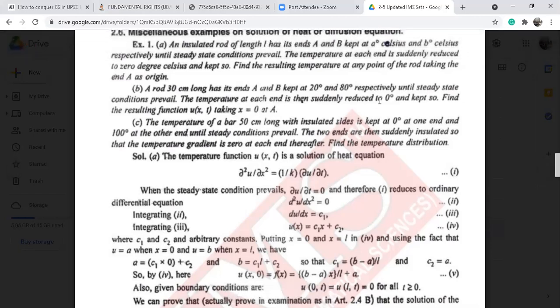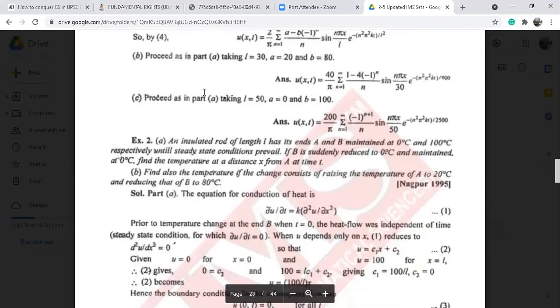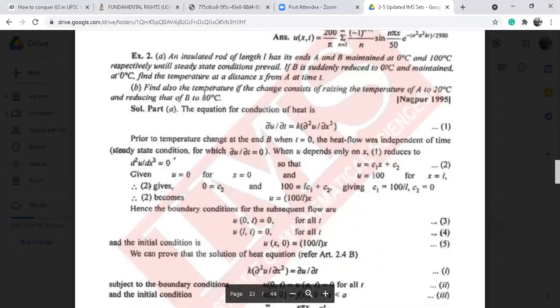So you don't need to do anything. This becomes the case number 1, where both the boundary conditions are 0, and the initial condition is found using the steady state solution. Now look at some question where they have now read the question, example number 2. Part B is the thing that we need to focus upon.